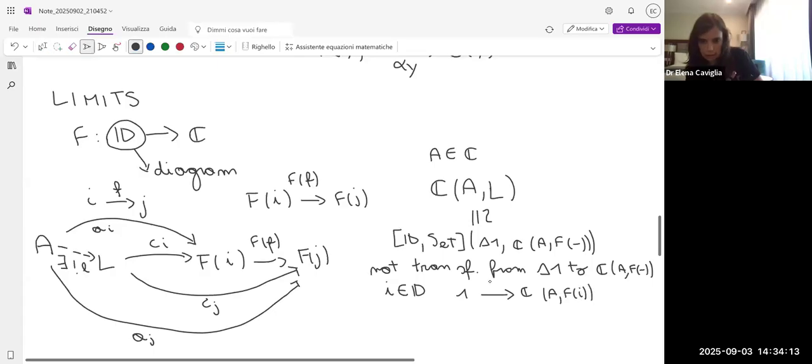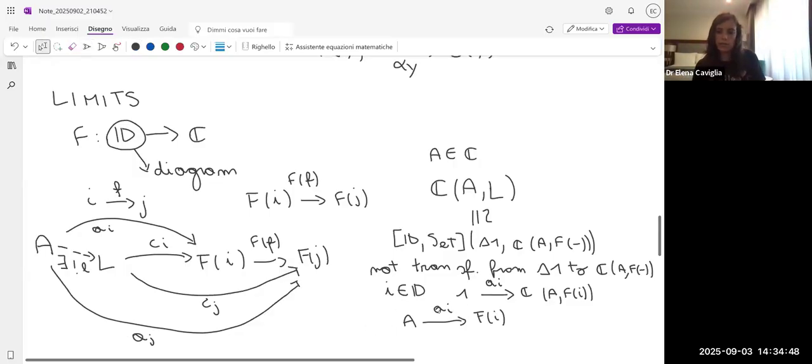This is one of our components, and we call it α_i. These are morphisms, but since we have 1 here, we can think of these as being objects in this category, C(A, F(i)). So α_i, in reality, is an arrow from A to F(i).